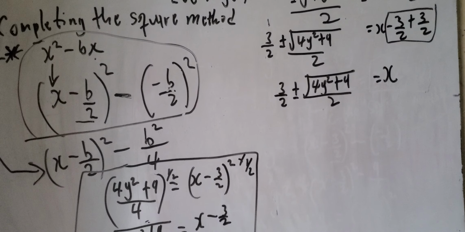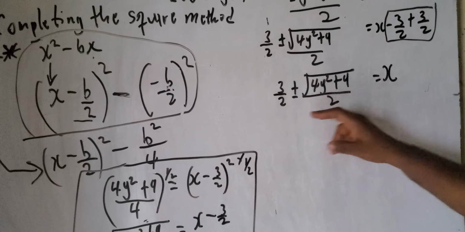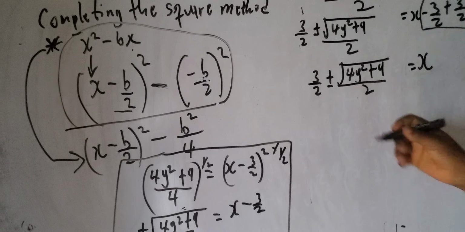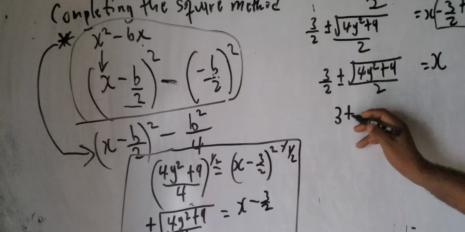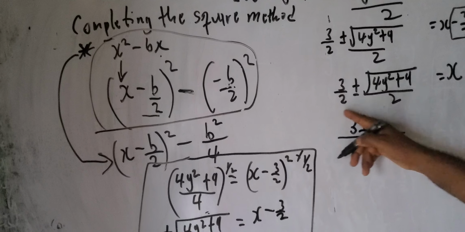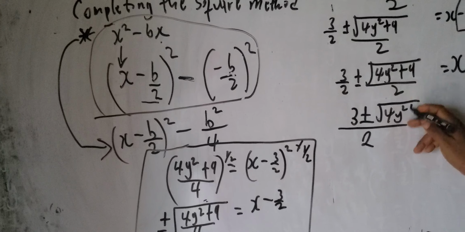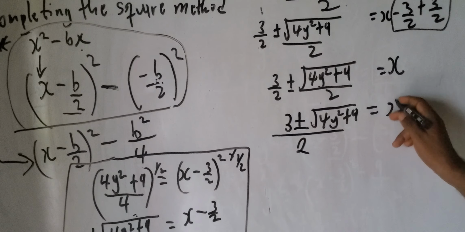Since they have the same denominator, the denominator can combine together, so you can now have 3 plus or minus everything all over just 2: x is equal to (3 plus or minus square root of 4y squared plus 9) all over 2.